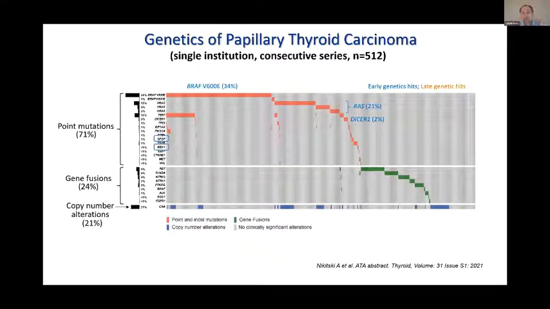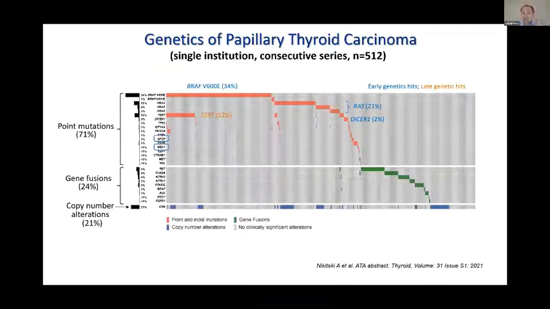So again, we are getting more and more understanding, and now we are at the stage when we know the molecular composition of about 97% of papillary thyroid carcinomas. So we still keep discovering new targets, but they constitute a very small proportion of the remaining genetically unknown papillary thyroid carcinomas.